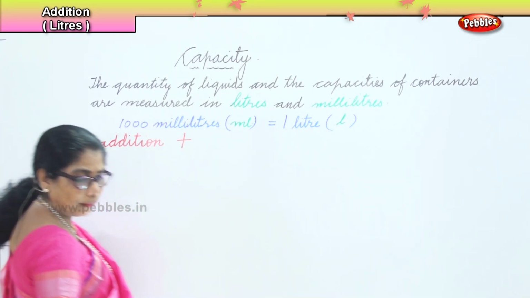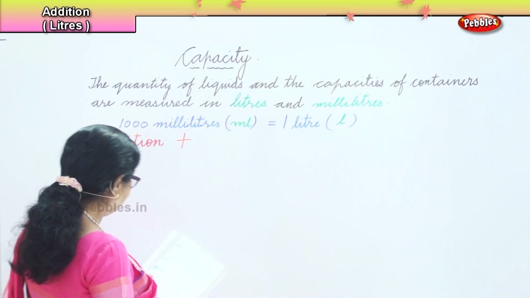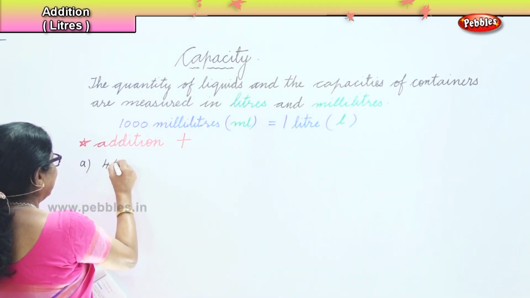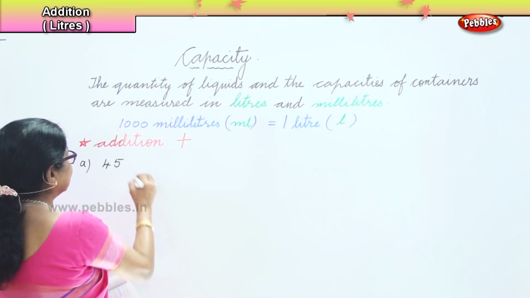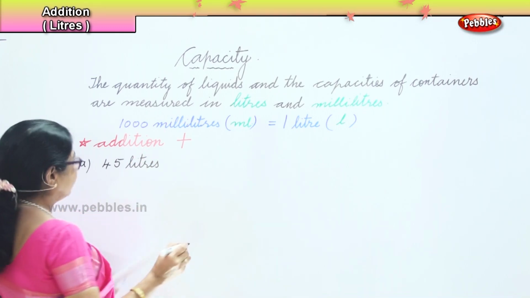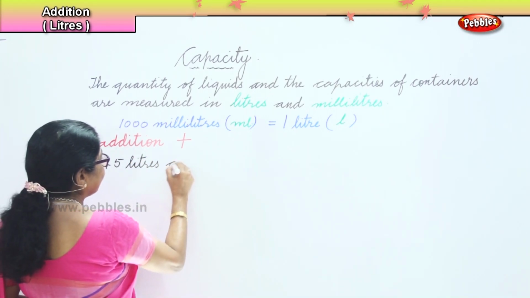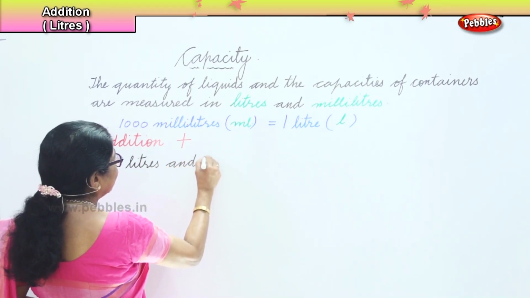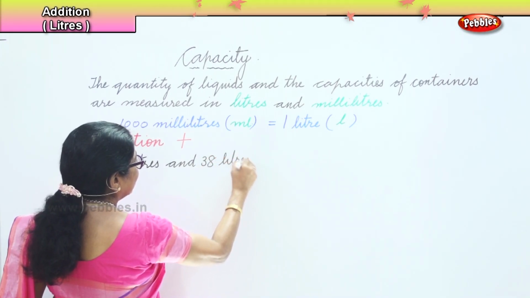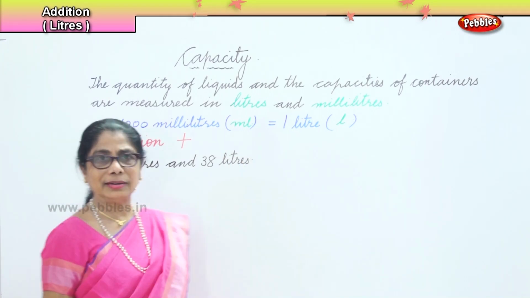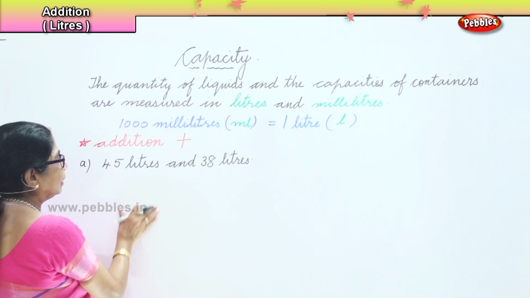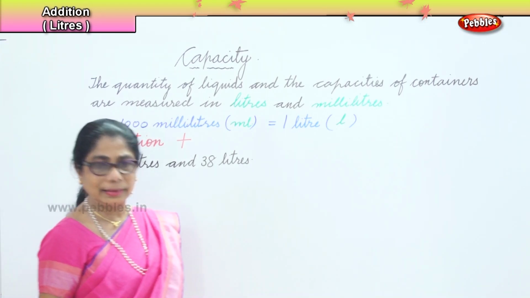The first sum I have for you is 45 liters and 38 liters. 45 liters and 38 liters. What do you do now? We need to arrange the numbers and add correctly.